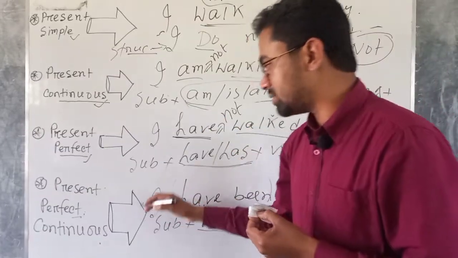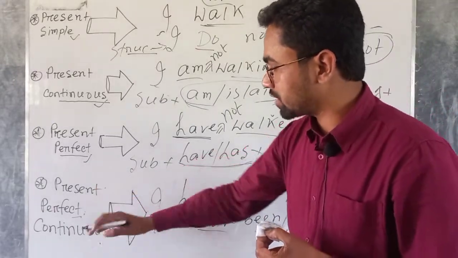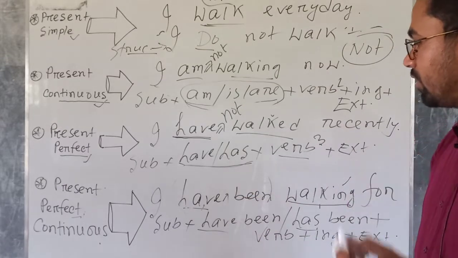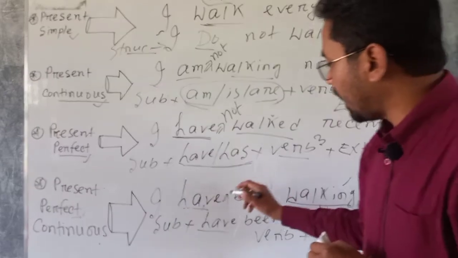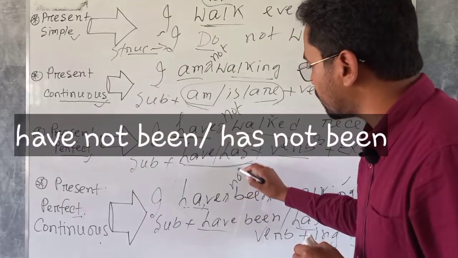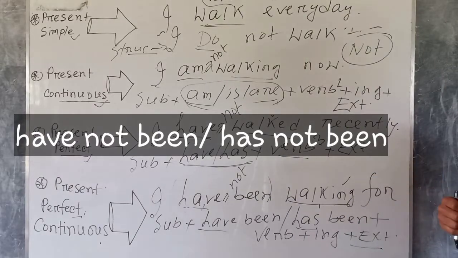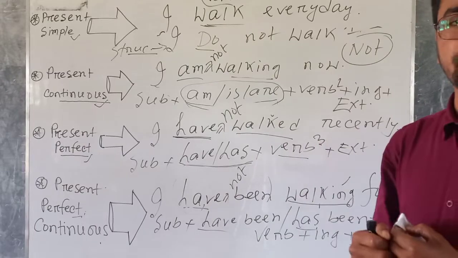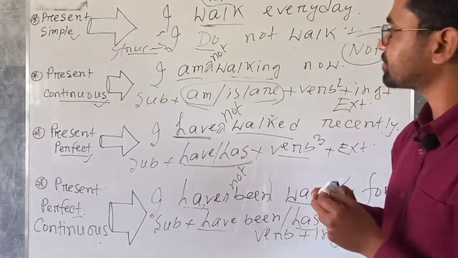And in the third sentence, present perfect continuous, you have found the auxiliary verb have or has. I have not been working for 2 hours. All these are so easy to imagine, to describe. Okay?